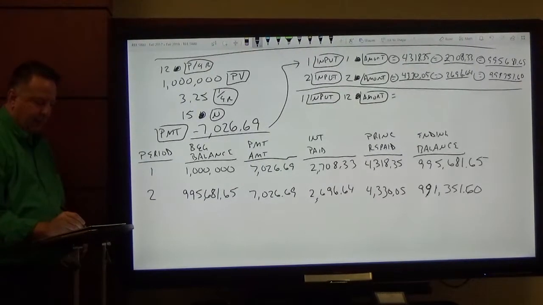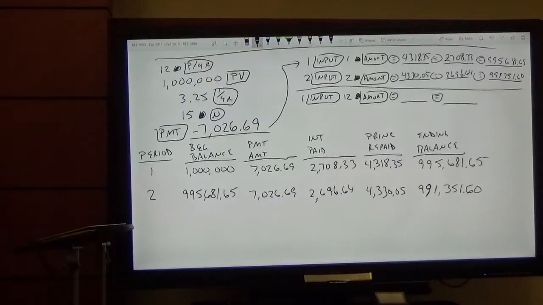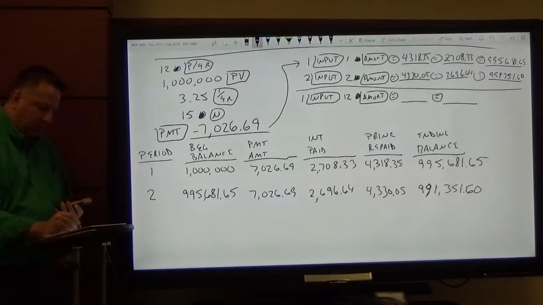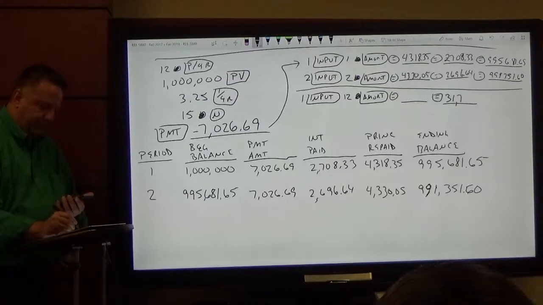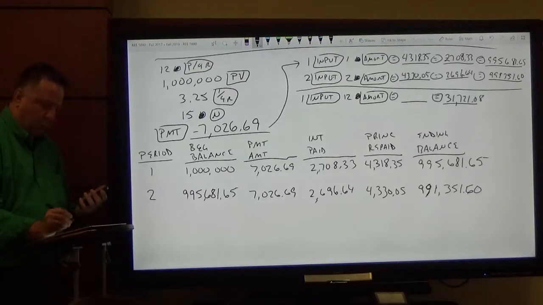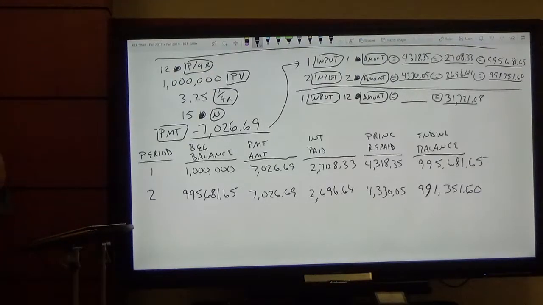Shift, amortize. In this case, we're looking for the interest. Obviously, it's going to be the second equal, so let's see what we get. 31,721.08 would be the total interest paid during the first year. Everybody cool with that? Yes or no?